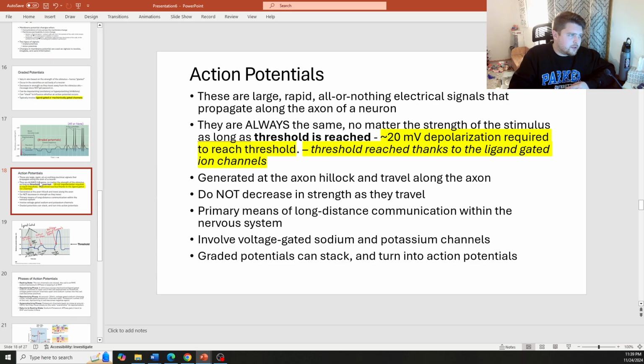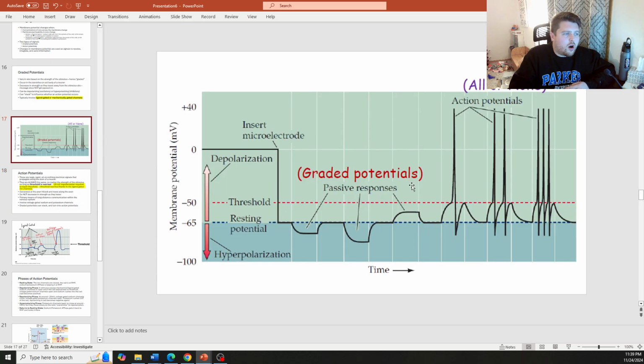Action potentials. These are what the graded potentials can become. If the graded potential is big enough to reach a specific point called threshold, they will turn into action potentials.